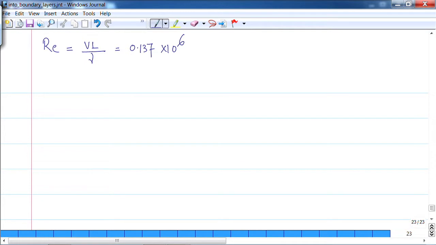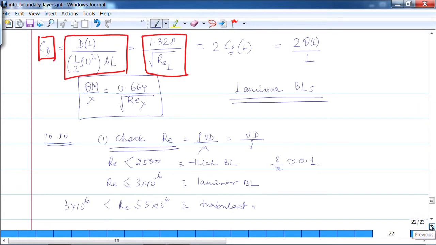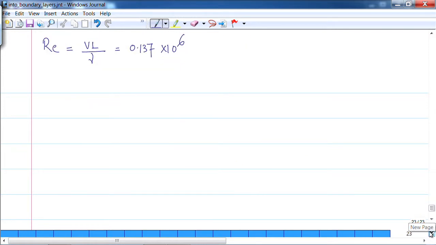Which means, given the break that we were talking about, a laminar boundary layer is essentially when the Reynolds number is below 3 million. So therefore we can say that in this particular case, the boundary layer is laminar.